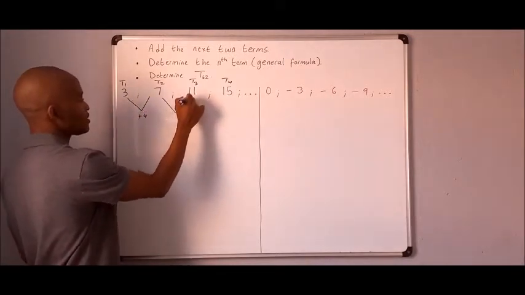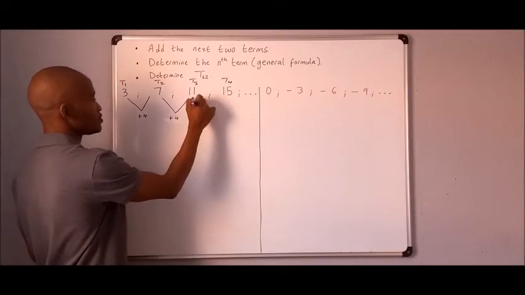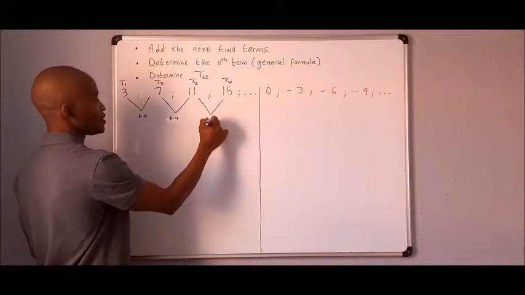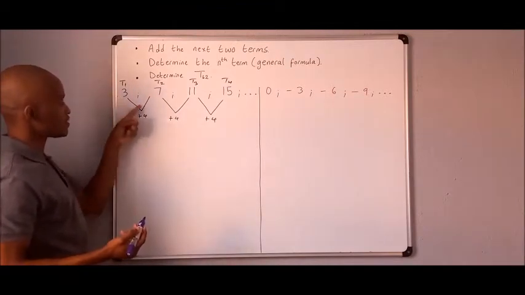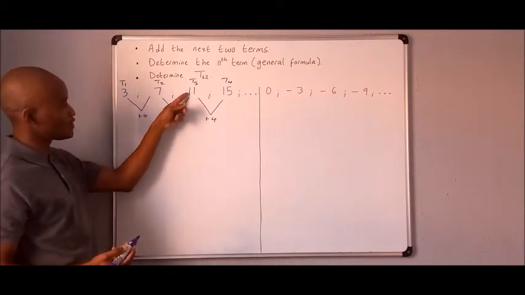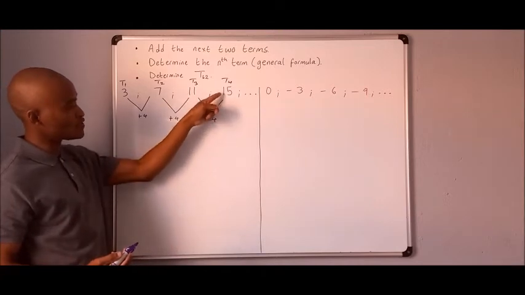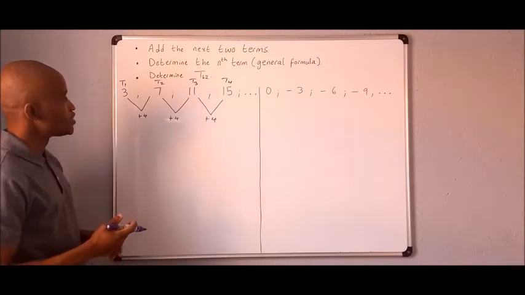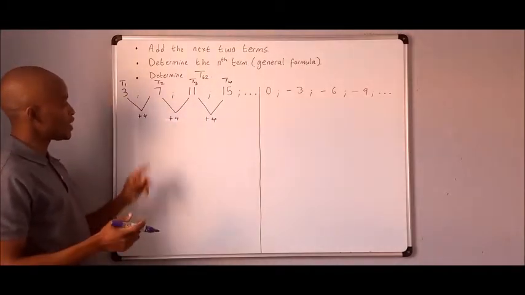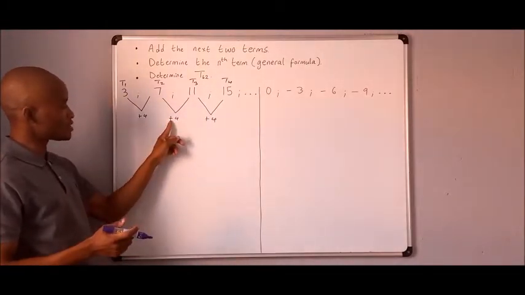I like to include the sign as well because it just makes numerical and mathematical sense. 3 plus 4 is 7, 7 plus 4 is 11, 11 plus 4 is 15, and so on. So we can clearly see that we are adding 4 from one term to the next.